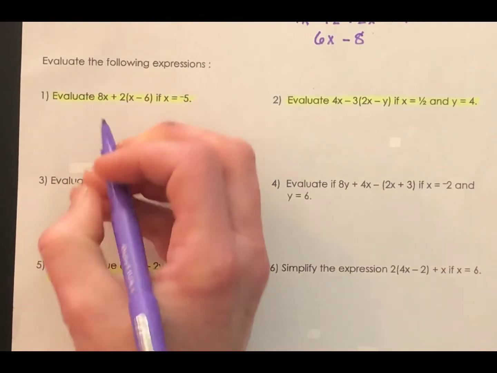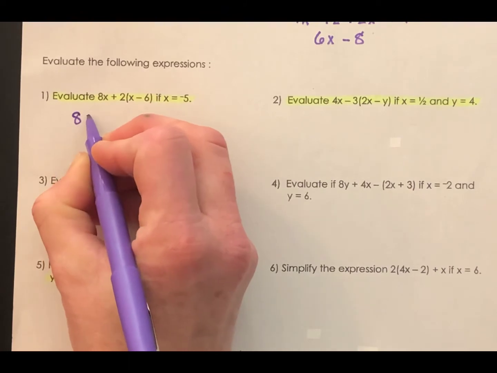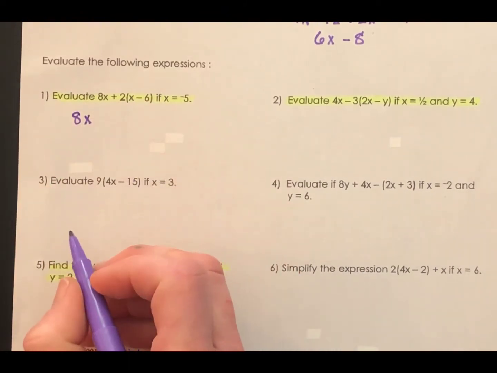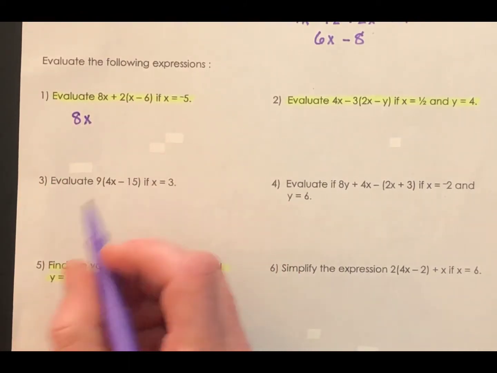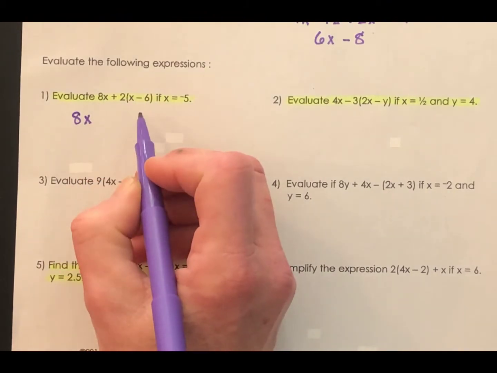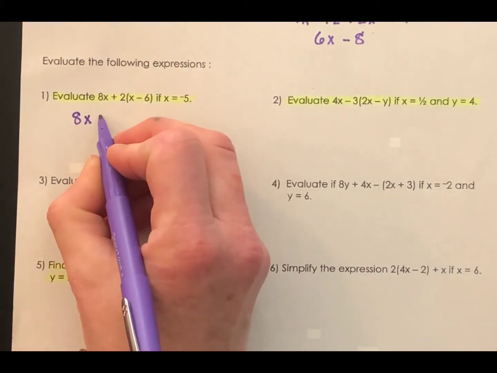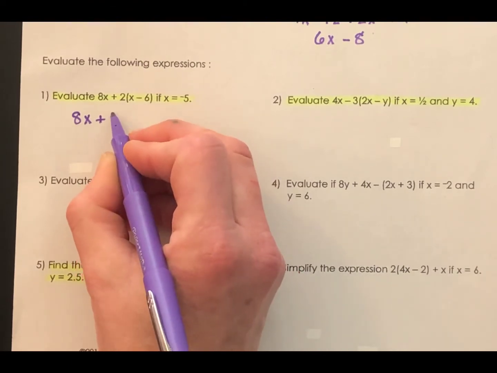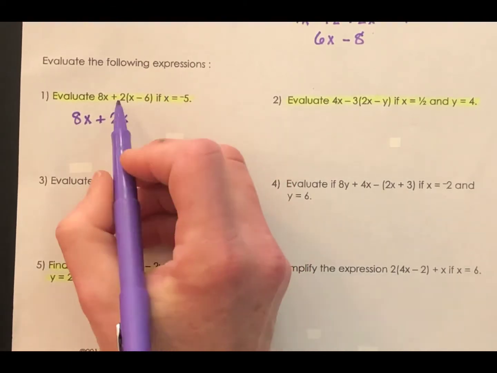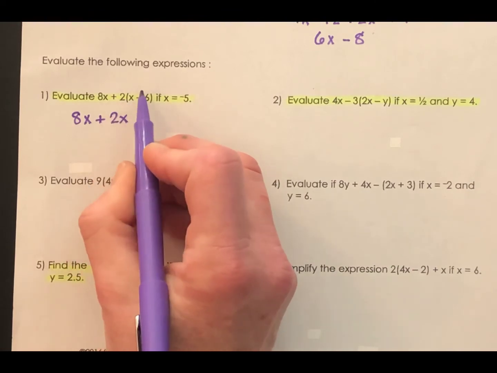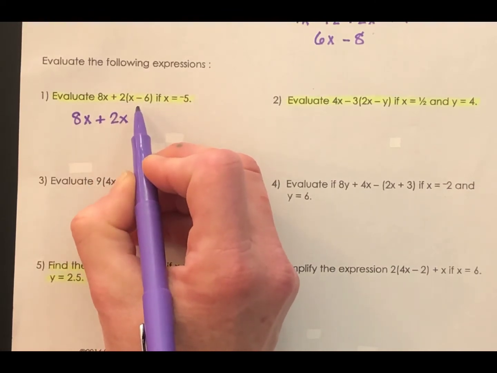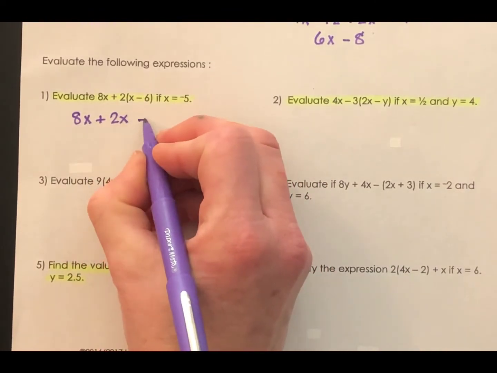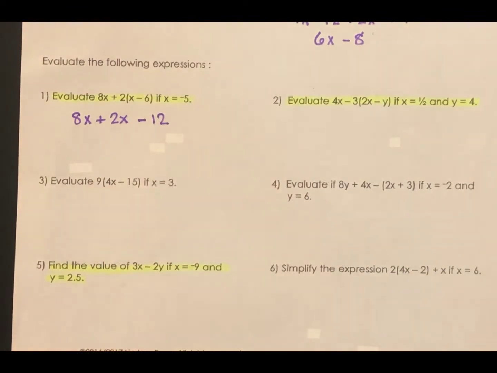So we've got 8x. First, I'm going to simplify this and get rid of the parentheses. Plus 2 times x is 2x. 2 times negative 6 is negative 12. It's a whole lot easier if you simplify it before you substitute.